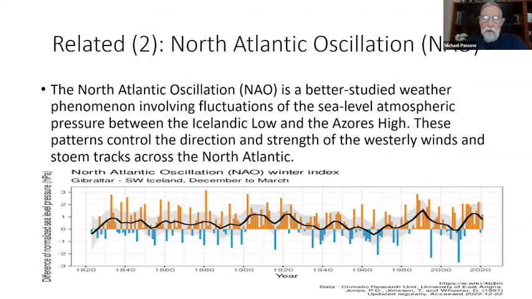Related to this is something called the North Atlantic Oscillation, a better studied weather phenomenon involving fluctuations of the sea level atmospheric pressure between the Icelandic low and Azores high. These patterns control the direction and strength of westerly winds and storm tracks across the North Atlantic.